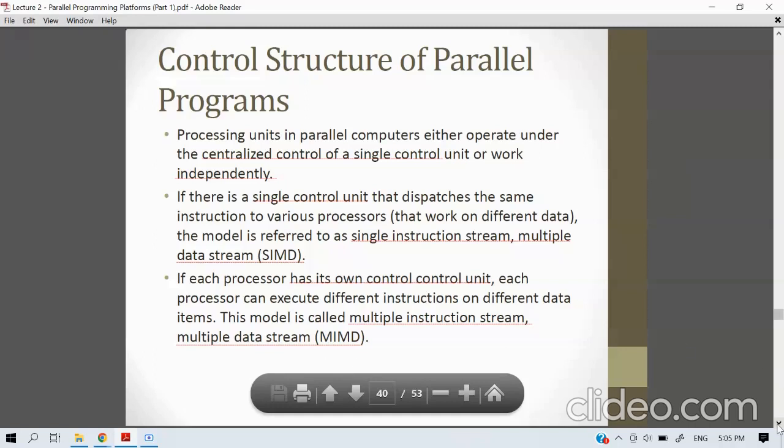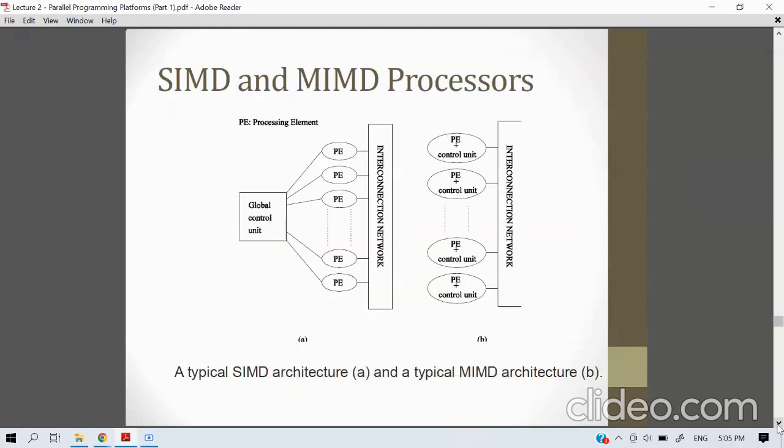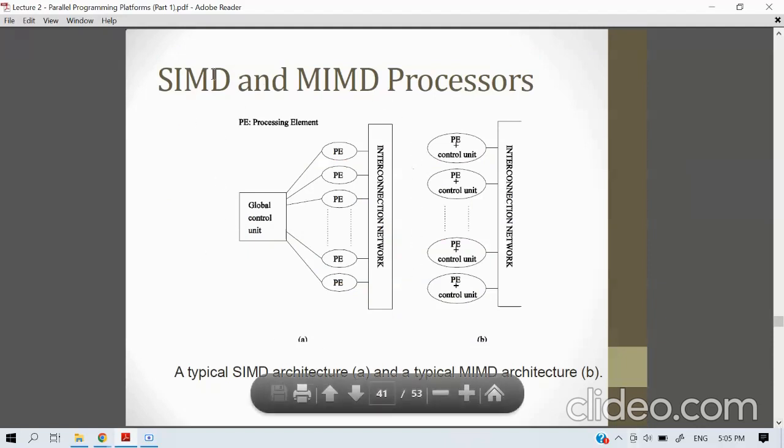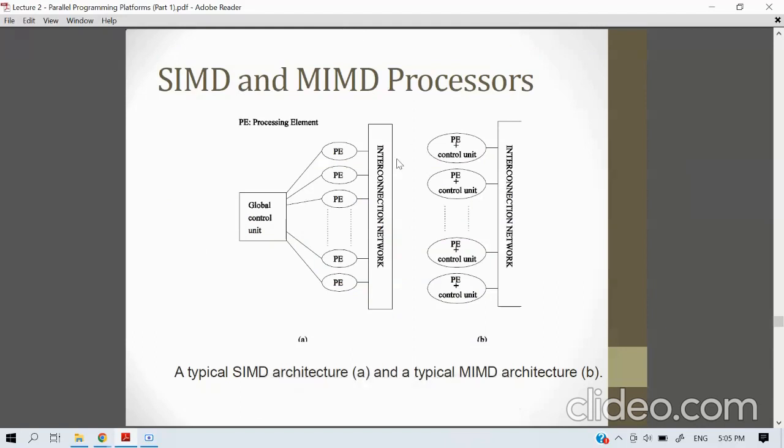Okay, let's look at the diagram of SIMD and also MIMD. A represents the single instruction multiple data stream. Meanwhile, B represents the multiple instruction multiple data stream. As you can see here, the difference between these two is that MIMD consists of its own control units.